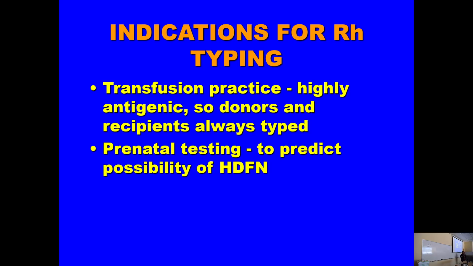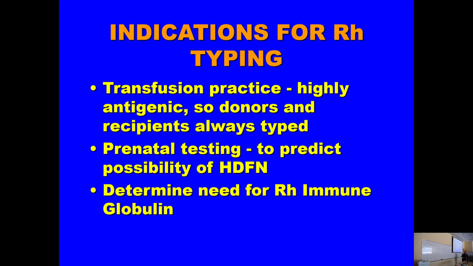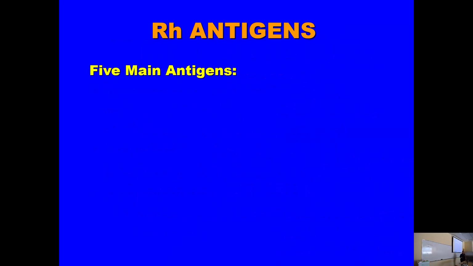You go in, you get some blood, they do your ABO and Rh in order to predict possibility of HDFN, hemolytic disease of the fetus and newborn. We want to make sure that if you are at risk, you're going to get that immunoglobulin. We'll talk a few lectures down the road about how that immunoglobulin works, because it is pretty cool, but we're not going to get into that right now. So yes, we're going to determine the need for Rh immunoglobulin.